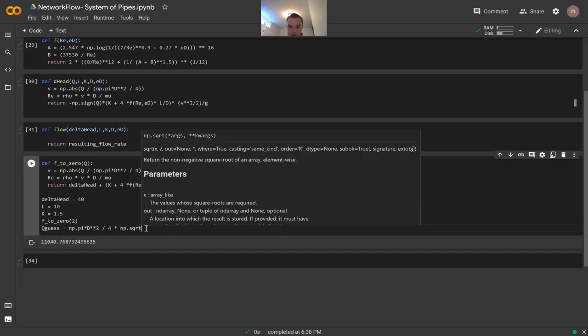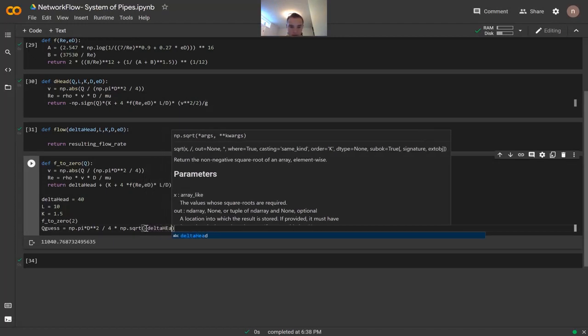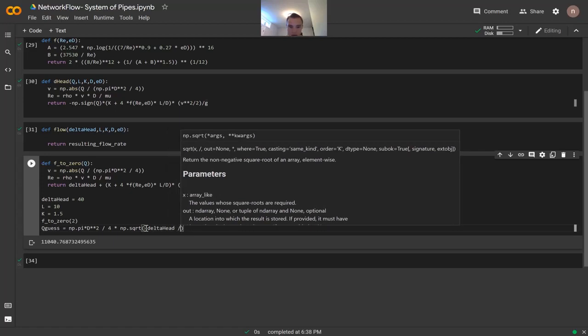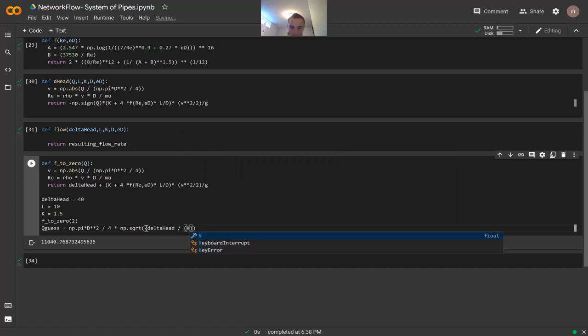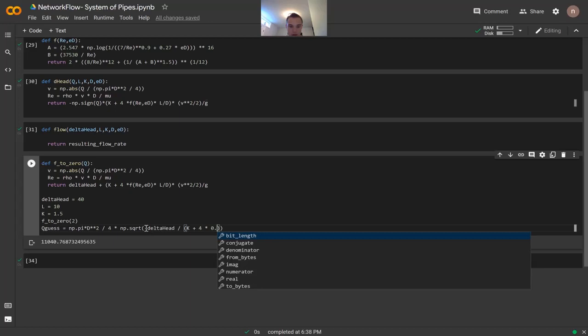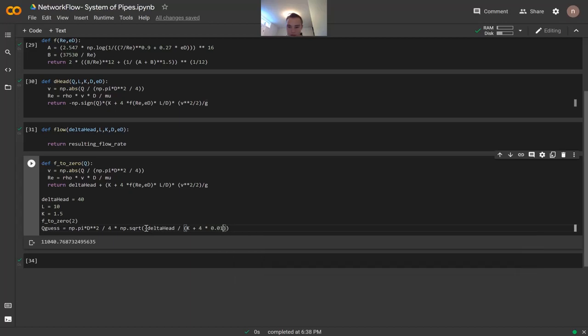So we can go np square root, and then we have our negative delta head, delta head, did it again, and then divided by our k plus 4 times the Fanning friction factor, which we can put in directly, our initial guess being 0.01, and then times our L divided by our diameter.